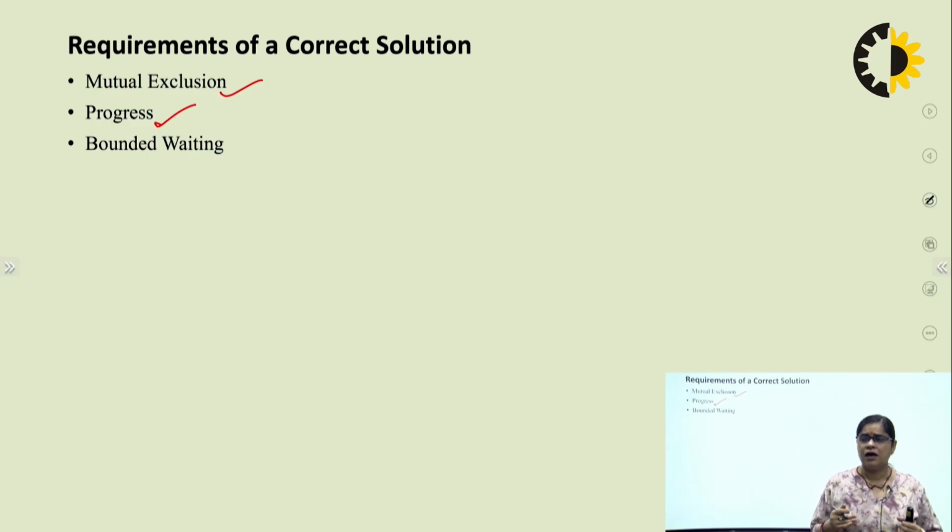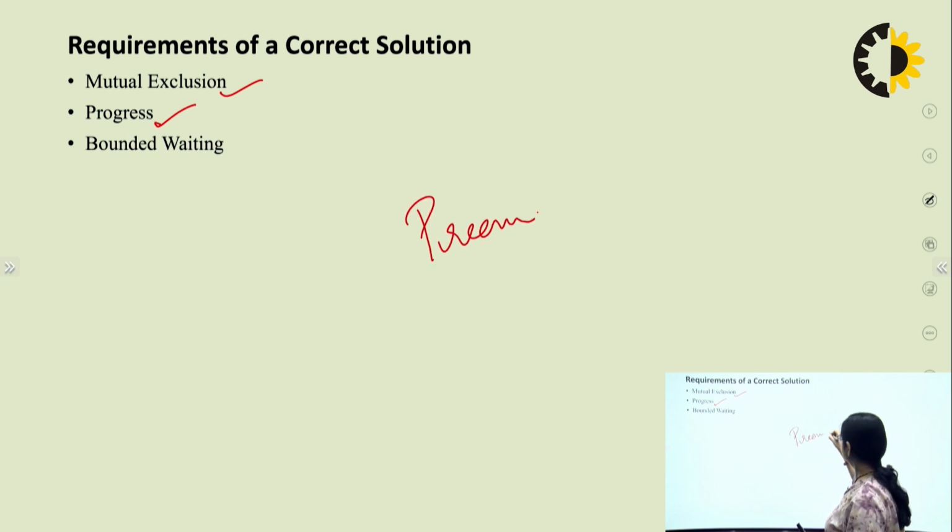Here you can understand that there are two types of solutions. In the operating system we normally use the terms preemptive and non-preemptive.